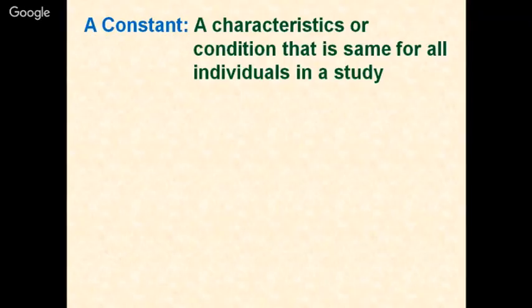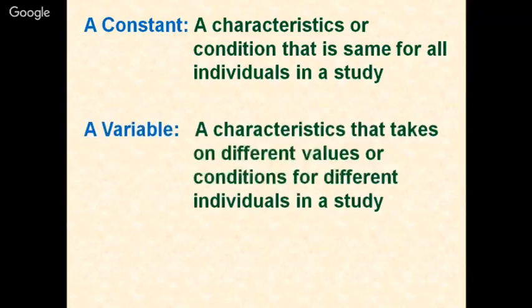The experimental group will be exposed to a computer assisted instruction package, whereas the control group would be given instruction through, say, the traditional lecture method. Now the content would be the same for both groups. So content is constant. I'm keeping the content constant, only the methodology changes. So that is why I call it a variable also. Variable means that the score varies. A variable is a characteristic that takes on different values or conditions for different individuals in a study.